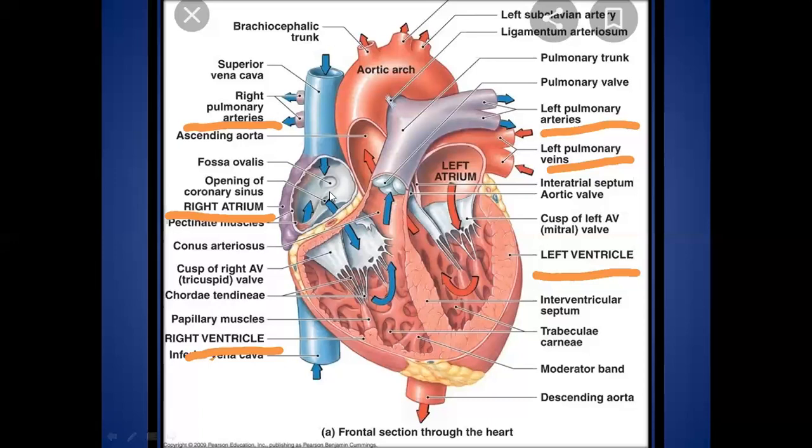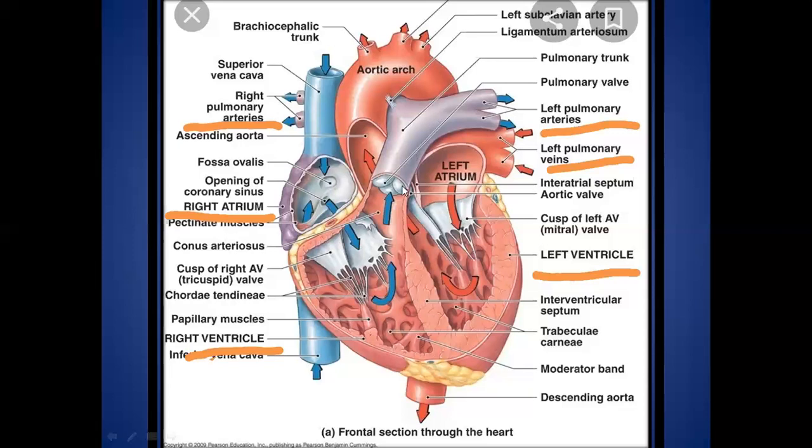The blood from the atrium enters into the ventricle. These are the valves which allow the flow of blood from the atrium into the ventricle. Now you can see the arrow. The arrow is moving from the right ventricle into the pulmonary artery.